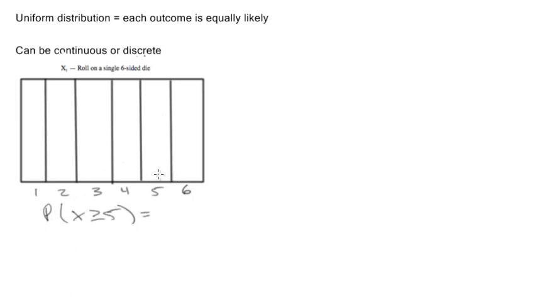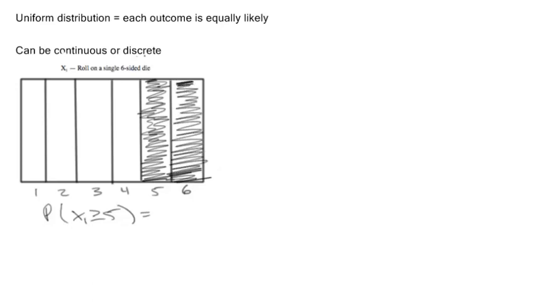Well, I'm going to shade in when x is equal to 5. And I actually wanted to say this is going to be x1 because I'm going to have a second probability distribution in a second here. But I also want greater than 5, so I'm going to shade in the next bar next to it.